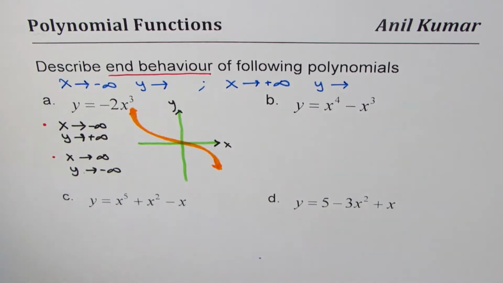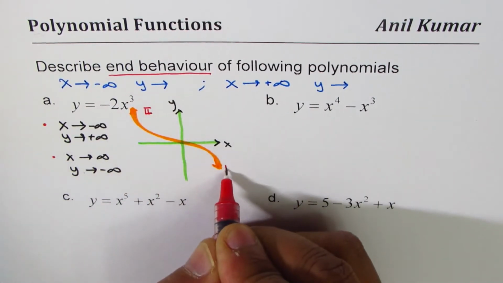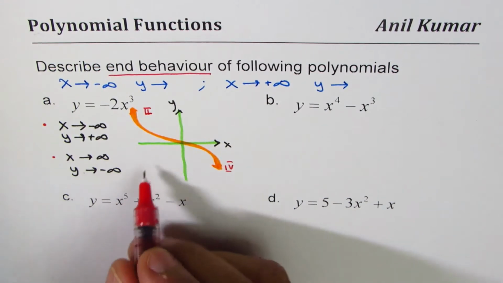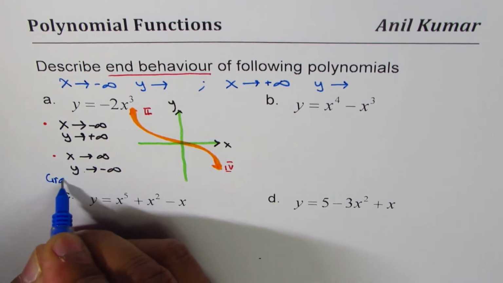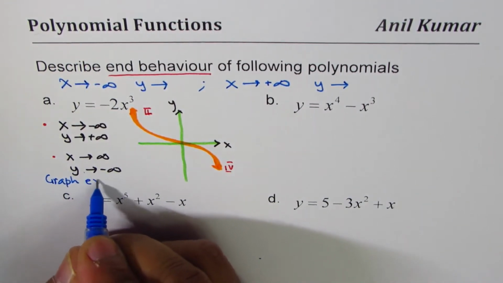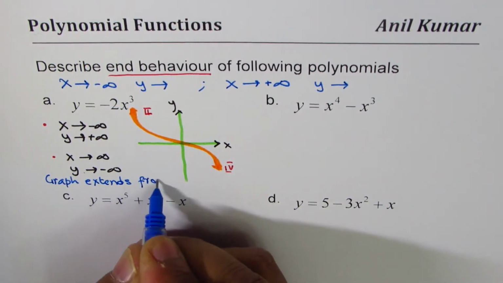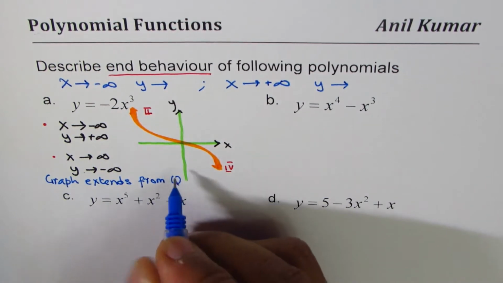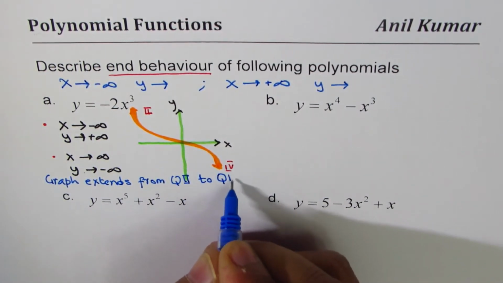You could also describe this by saying that the graph goes from quadrant 2 to quadrant 4. I'll write it down. We could say graph extends from quadrant 2 to quadrant 4.